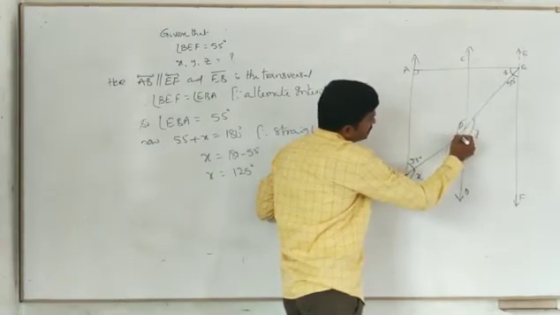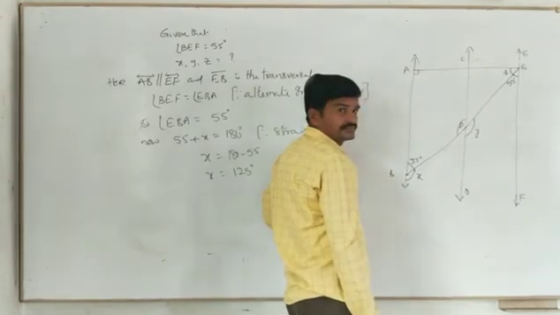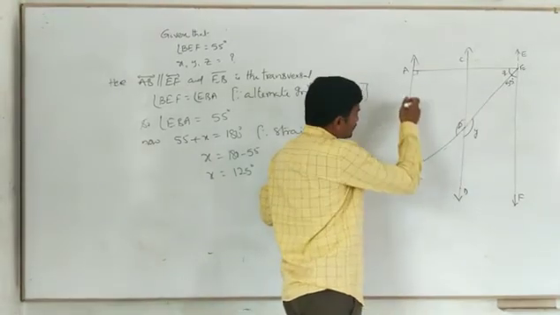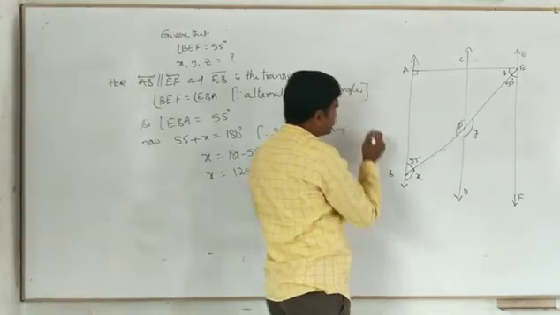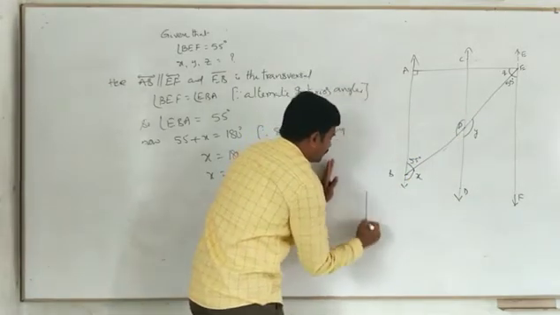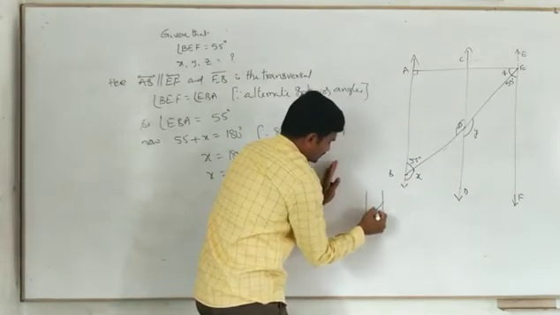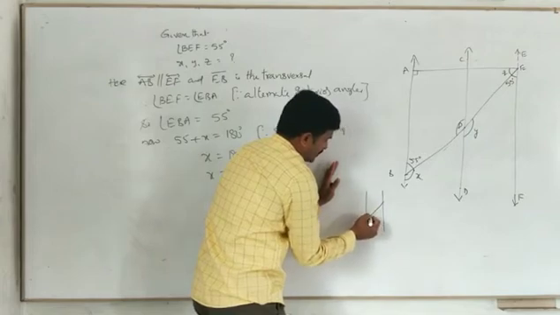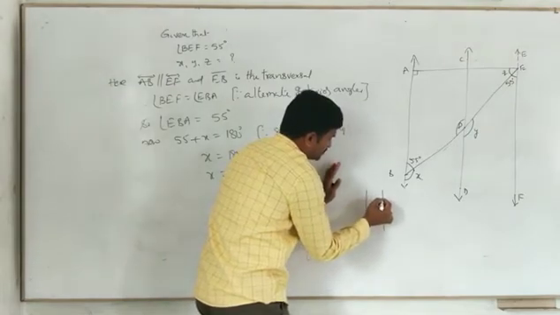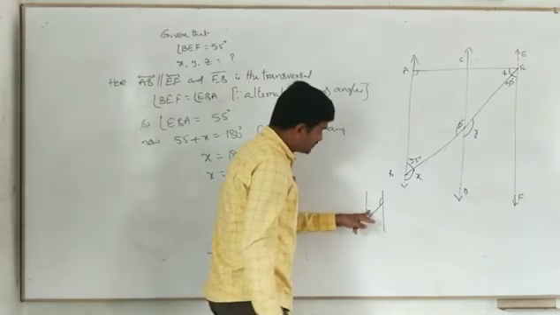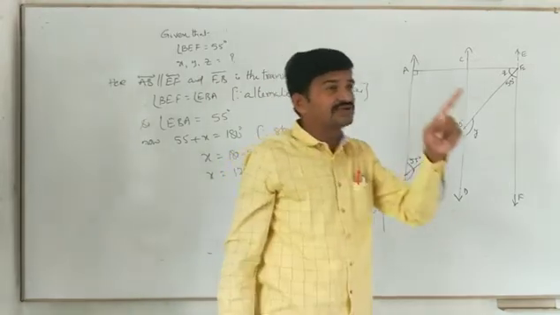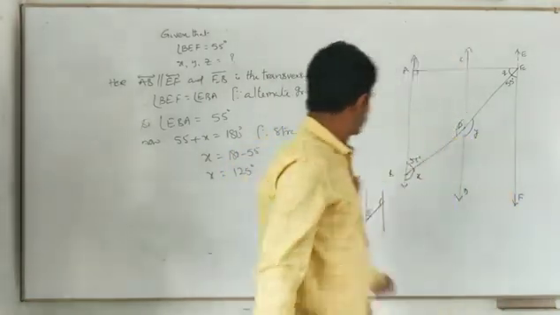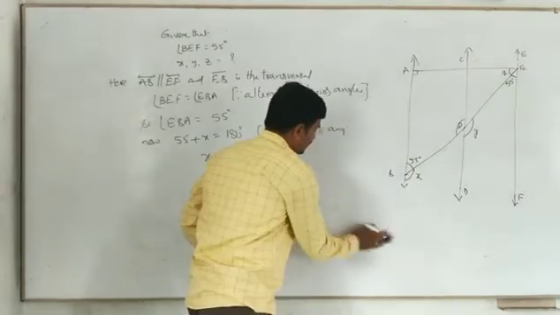See, these are two parallel lines or not? It is a transversal or not? Yes, sir. See, here I am drawing the diagram. This is the transversal. It is 55, so this is how much? 125. Because interior angles on the same side of the transversal are supplementary or not? So this is 125.